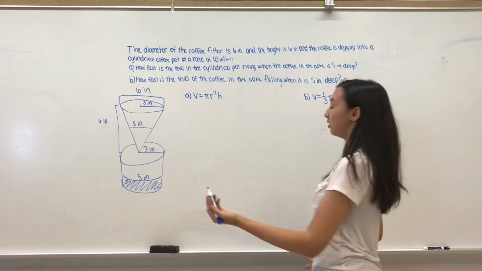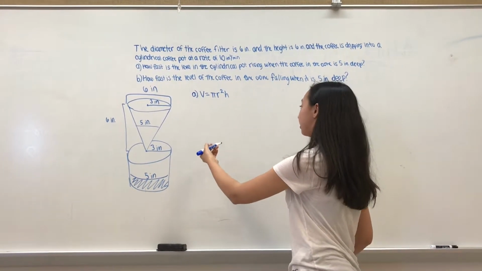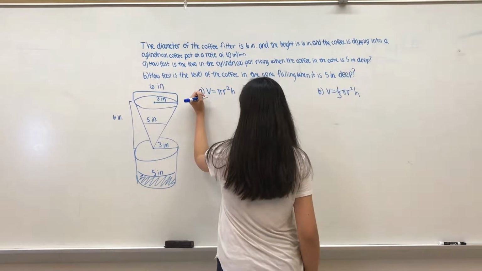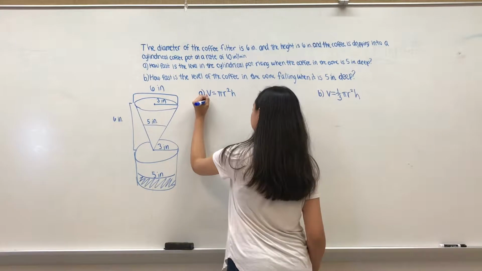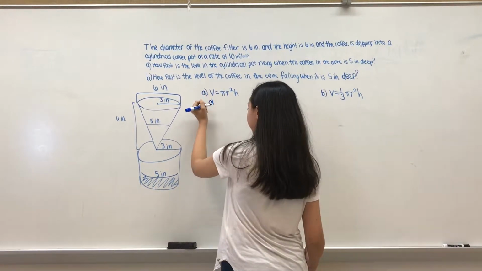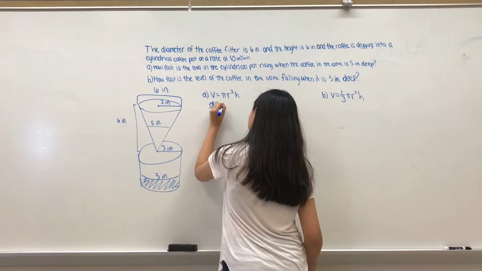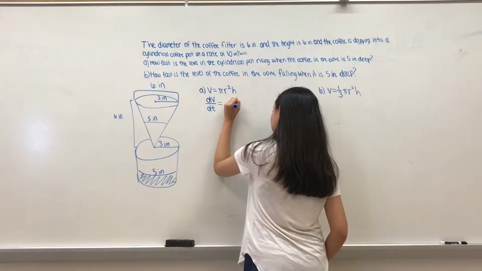To find this, we need to use the volume equation of a cylinder, which is V equals pi r squared h. The first thing we want to do is find the derivative. The derivative of V with respect to time is dV over dt, and the derivative of h with respect to time is dh over dt.